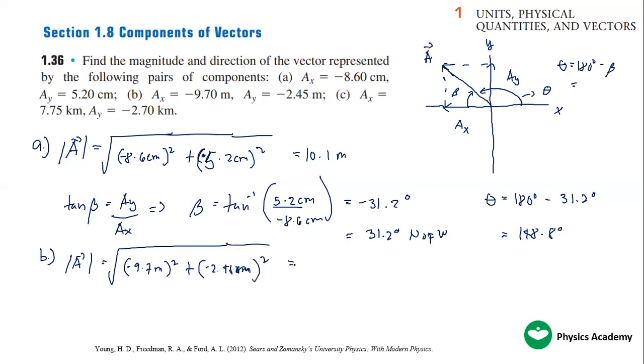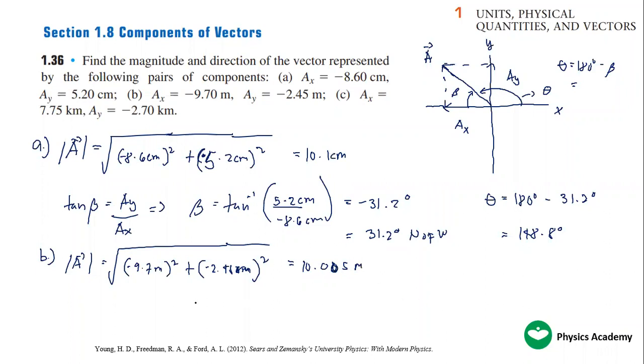So it will give us the square root of 9.7 squared plus 2.45 squared, which is 10.005 meters.